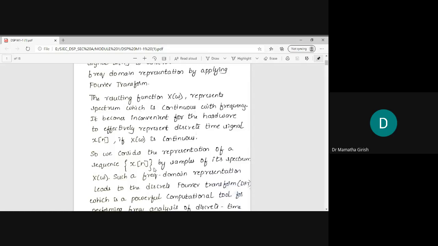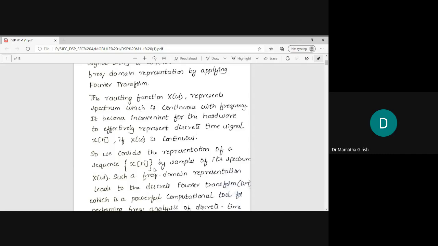Whatever discrete time signal we had, x of n, has been subjected to Fourier transform to get the frequency spectrum X of omega. Since X of omega is continuous in nature, we will be discretizing X of omega to collect the samples at regular, equal intervals.